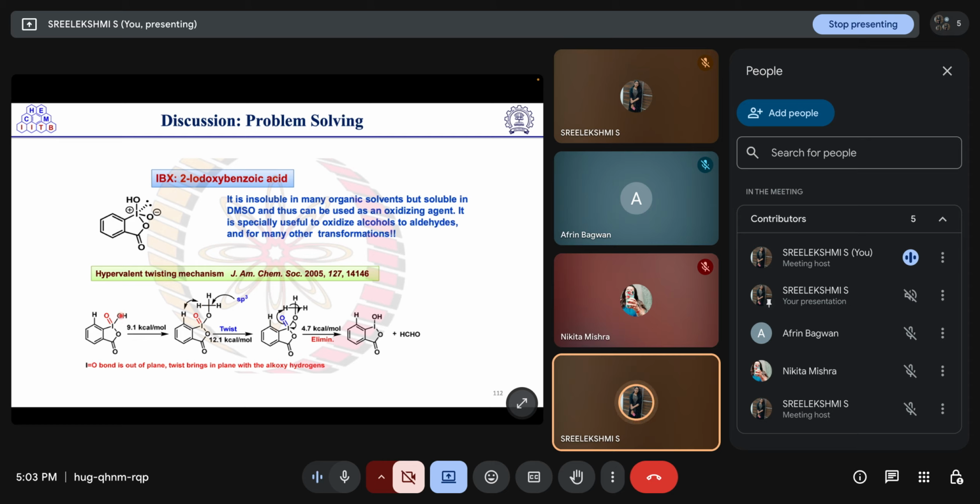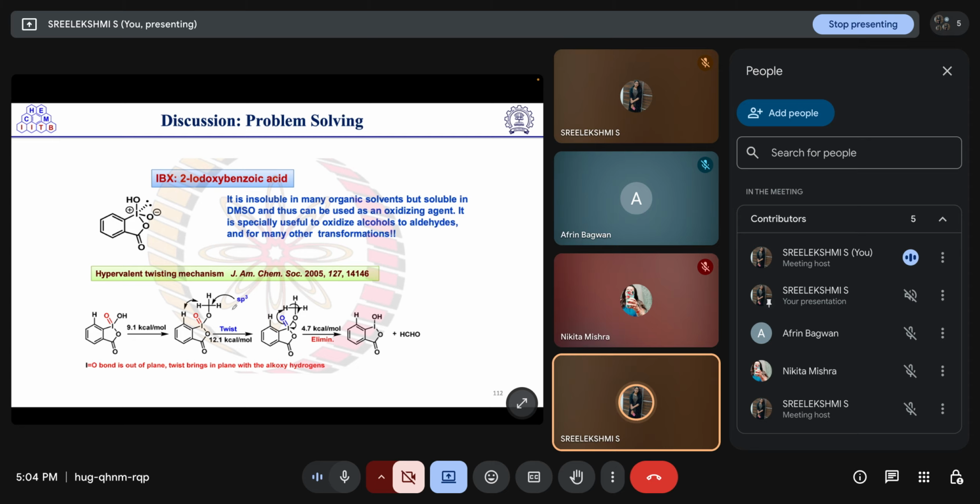Okay, so this is our alcohol substrate. Here we have taken methanol. It will attack this iodine center and form this intermediate.